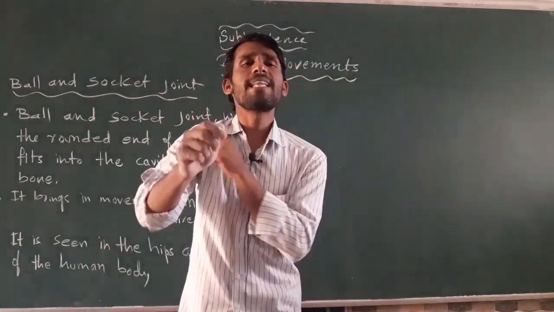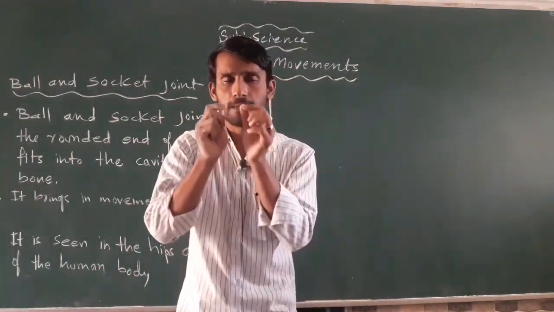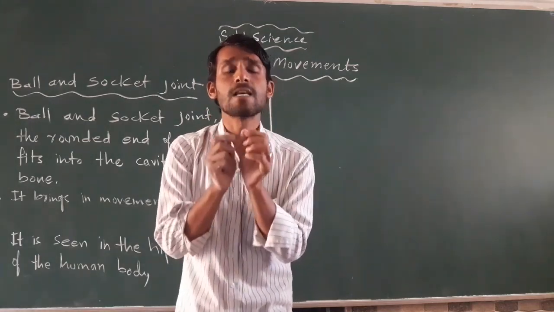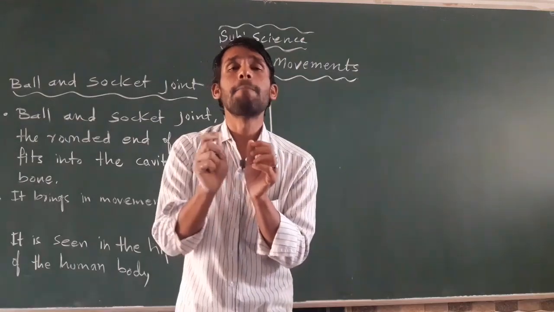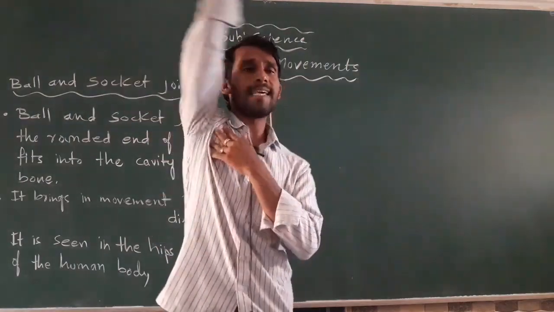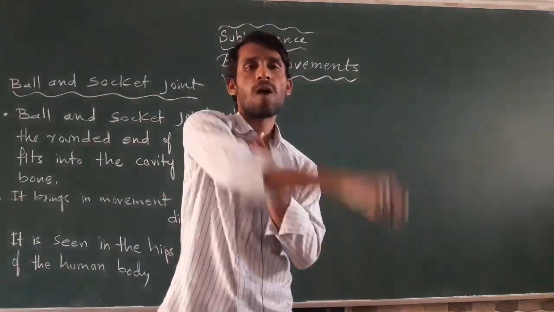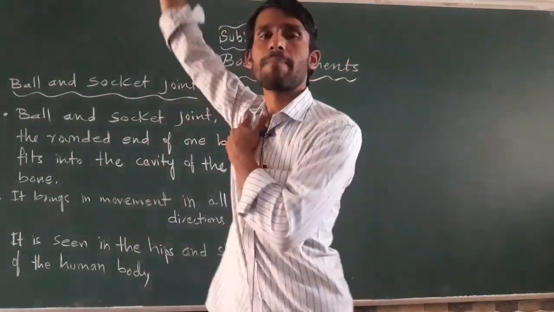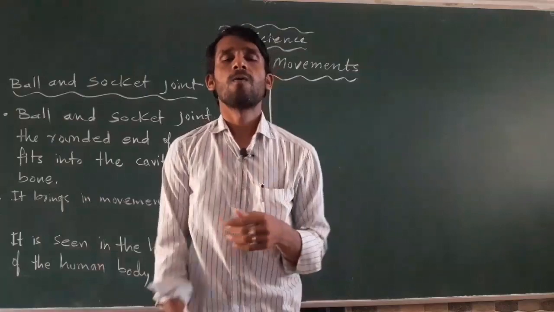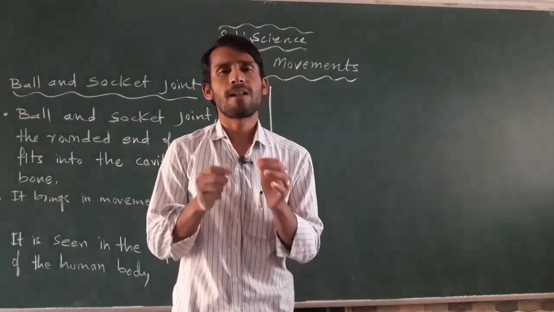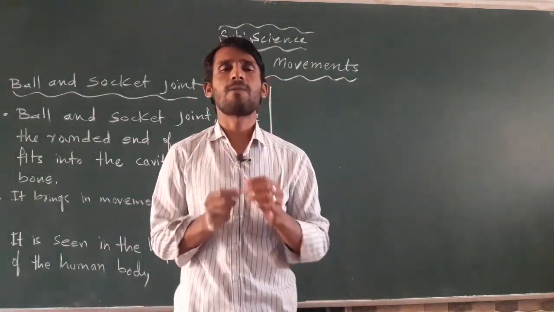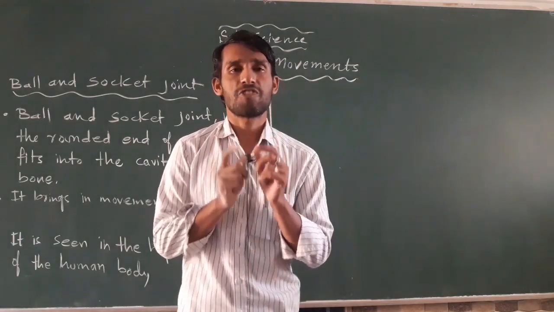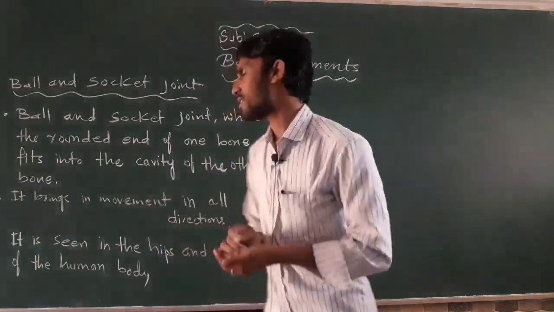Where a ball and socket joint is present, in those places we are able to rotate in all directions. I am rotating like this also, front side and back side. We have to know where the ball and socket joint is present in our body, where it is possible to rotate in all directions.